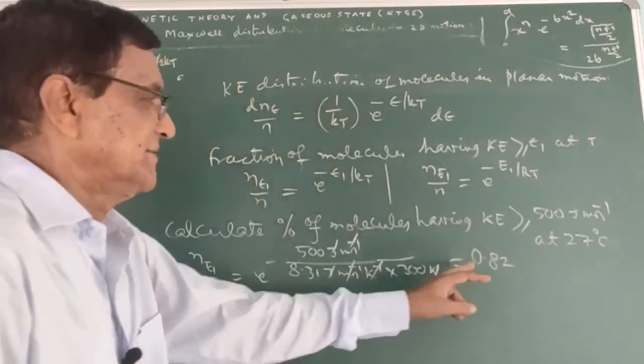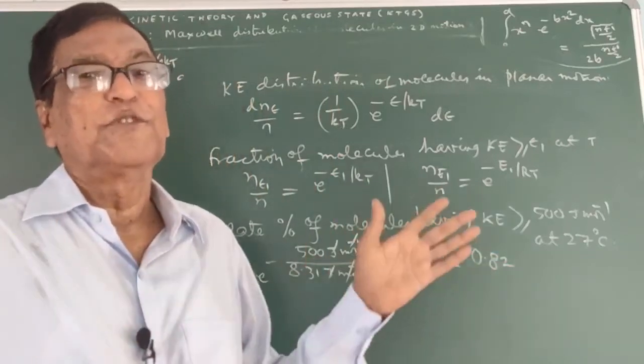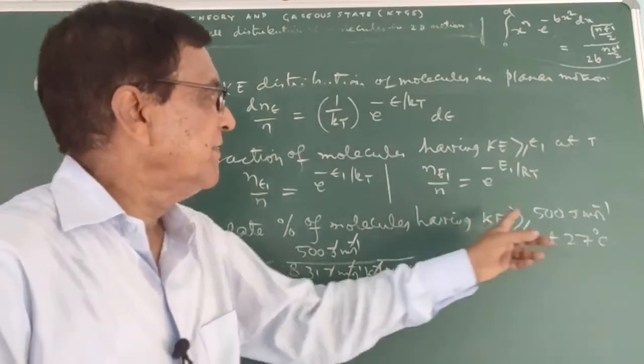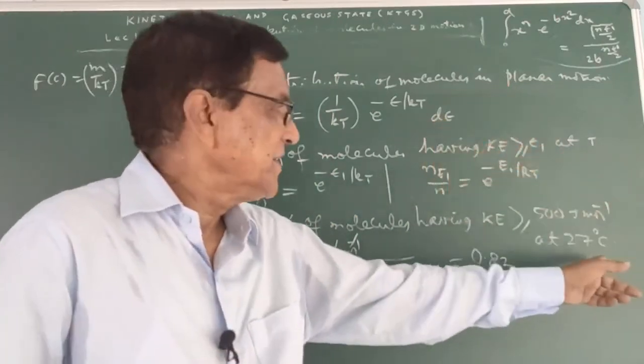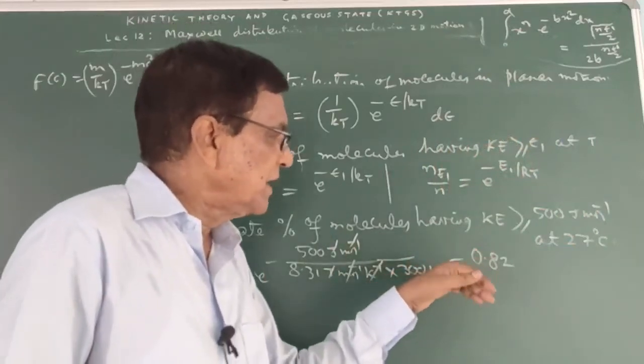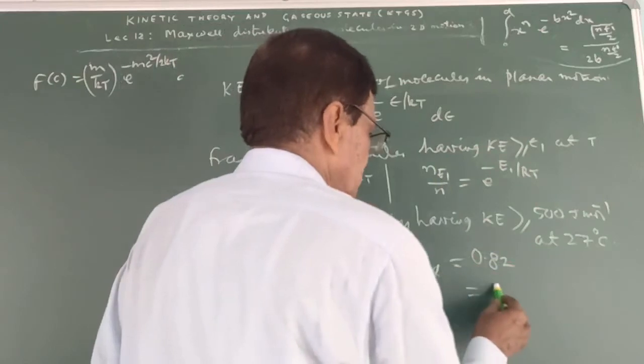This is the fraction, or the probability, of molecules to have kinetic energy greater than or equal to 500 joule mole inverse at a temperature of 27 degrees centigrade. If you multiply by 100, then it will be 82%.